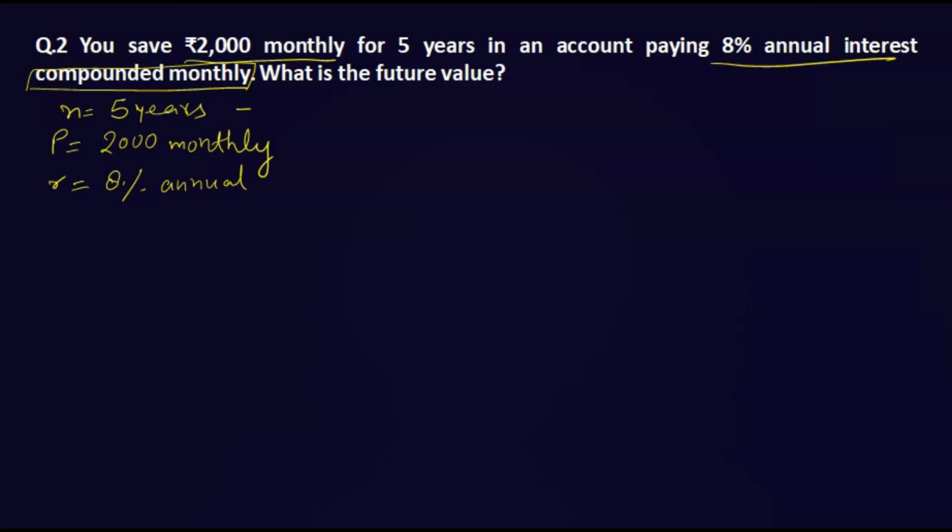So n is 5 years, which is 5 multiplied by 12, so 60 months, because years were given and we have to convert them into months. P is already given as 2,000 monthly, so we don't need to convert it. R is given as 8% annual, which is 0.08. This value is annual, so we have to convert it to monthly.